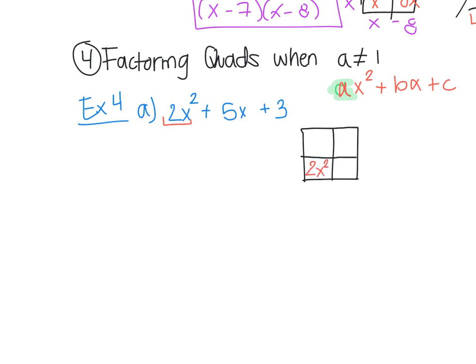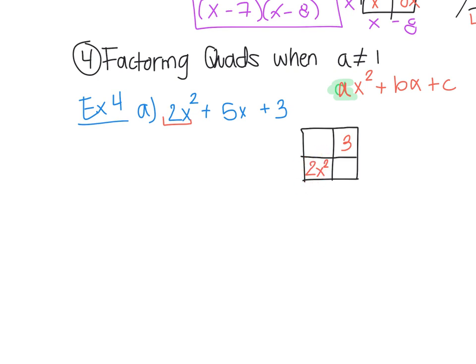And I'm still putting the last term, 3, in the top right corner. So now I need to think of these 5 x's. How am I going to split those here and here? But it's going to look a little different because whatever are in these two boxes are impacted by this. One of these is going to have to involve a 2 now. So that's what changes it.